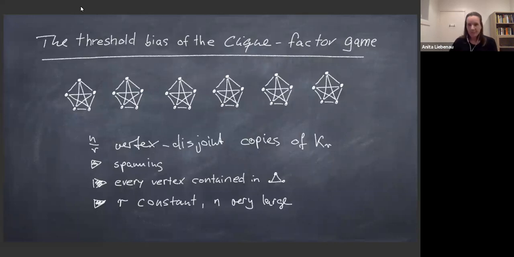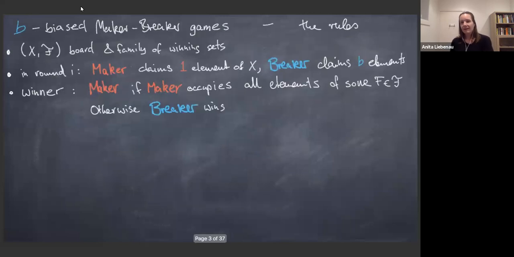Now, what game am I talking about here? The games I have in mind are maker-breaker games. For those who have never seen those, let me explain the standard rules. The maker-breaker game always comes with a set X, which is called the board, and a family of subsets F, which is called the family of winning sets.